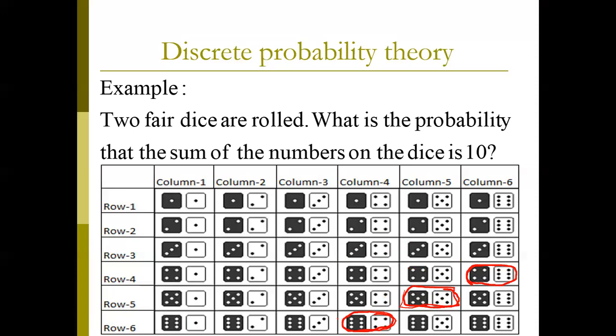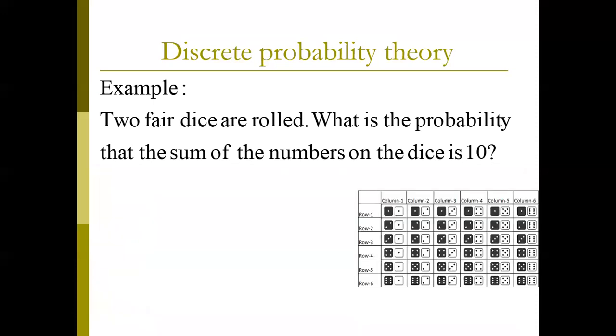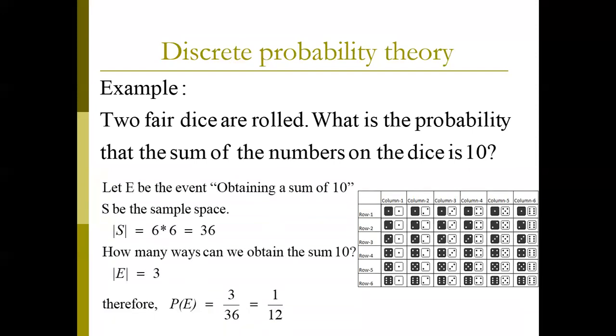So now with a sample space of 36 and an event of 3, let's see what our probability is going to work out to be. The sample space is 6 times 6, because we have 2 die with 6 faces each.